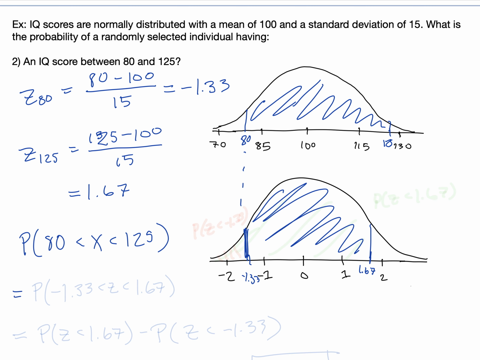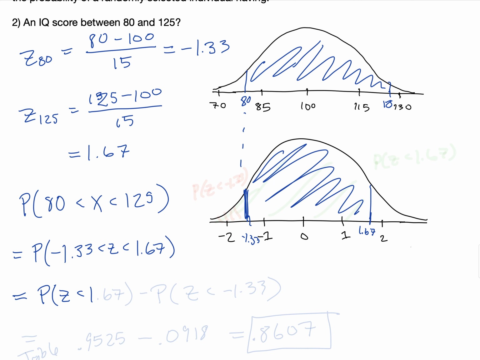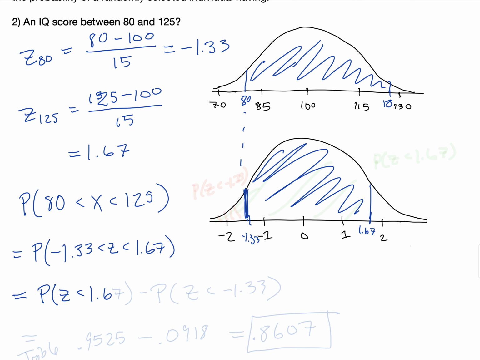And we know that that's equal to the probability that our z-score is between negative 1.33 and 1.67. To find the area between two values in the standard normal distribution using the table, we can do the probability that z is less than 1.67 minus the probability that z is less than negative 1.33.